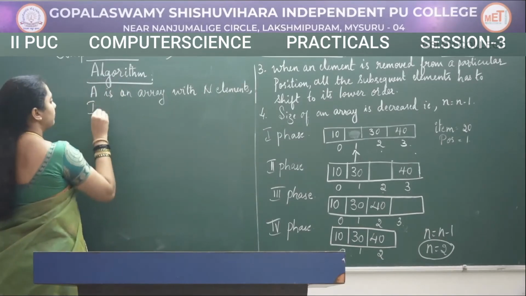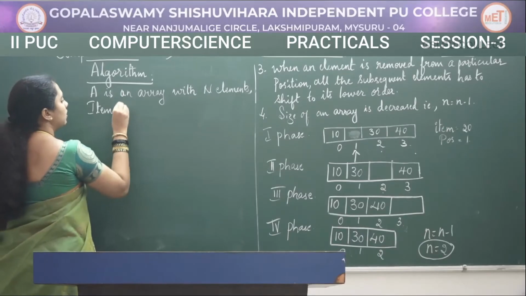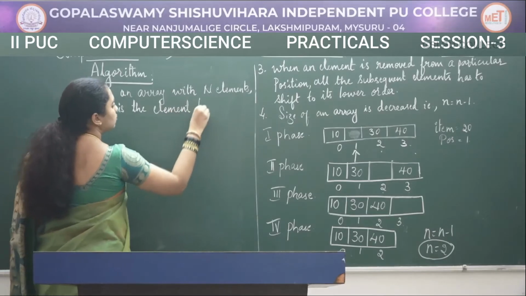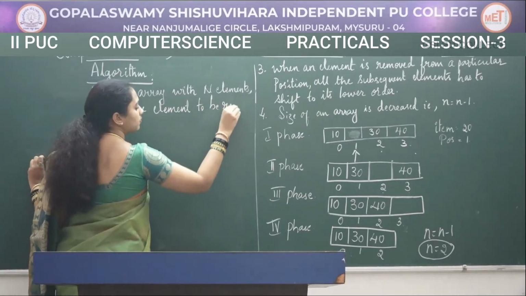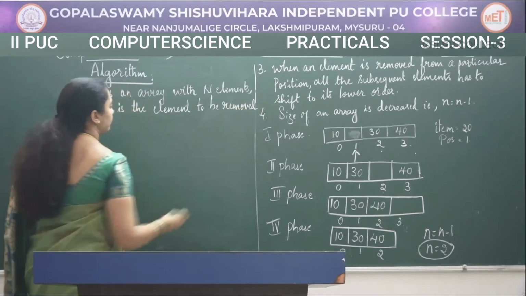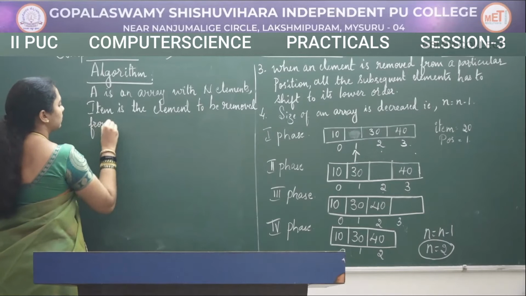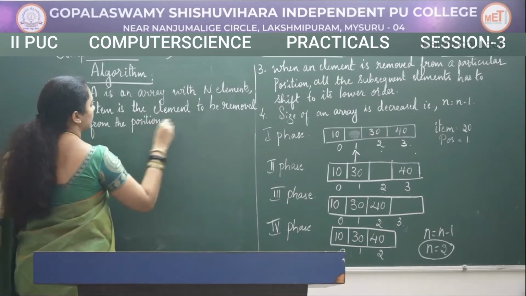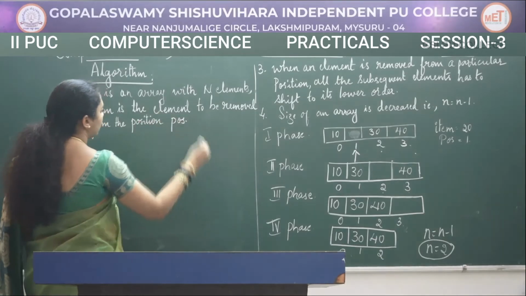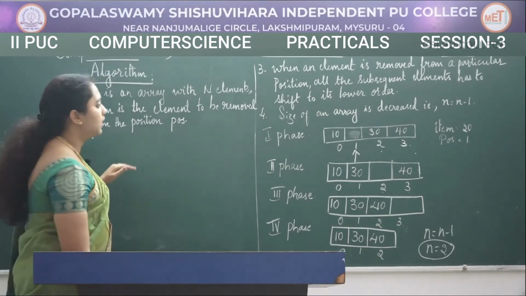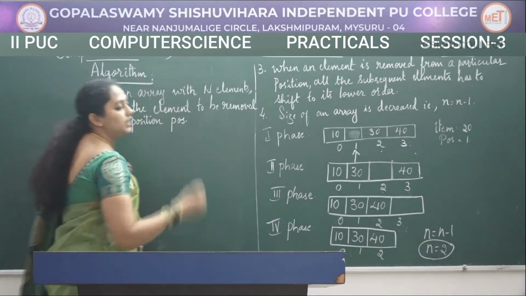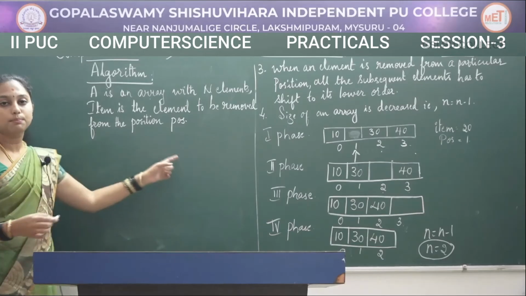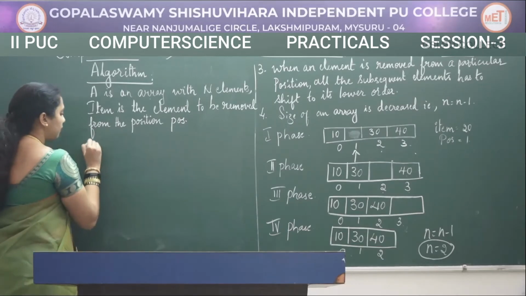Here A is an array with n elements, and item is the element to be removed from the position POS. So these are the prerequisites. So what is the first step?